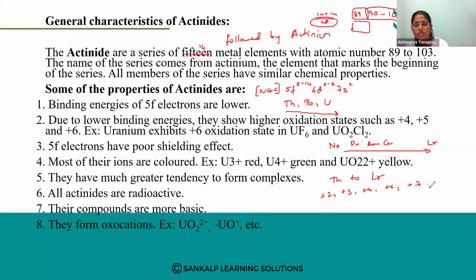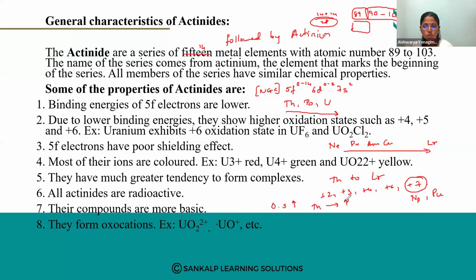The first half of the series exhibits the highest oxidation states. The highest oxidation state shown by actinides is +7, shown by neptunium and plutonium. The tendency to exhibit higher oxidation states increases from thorium to plutonium.